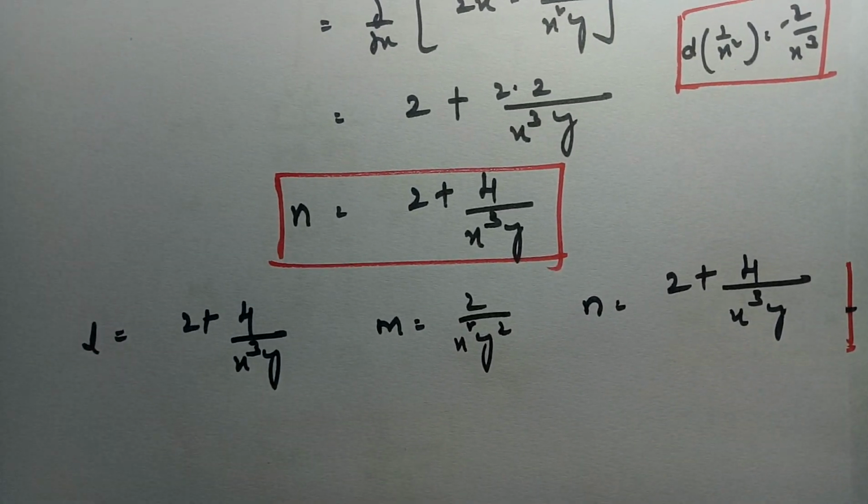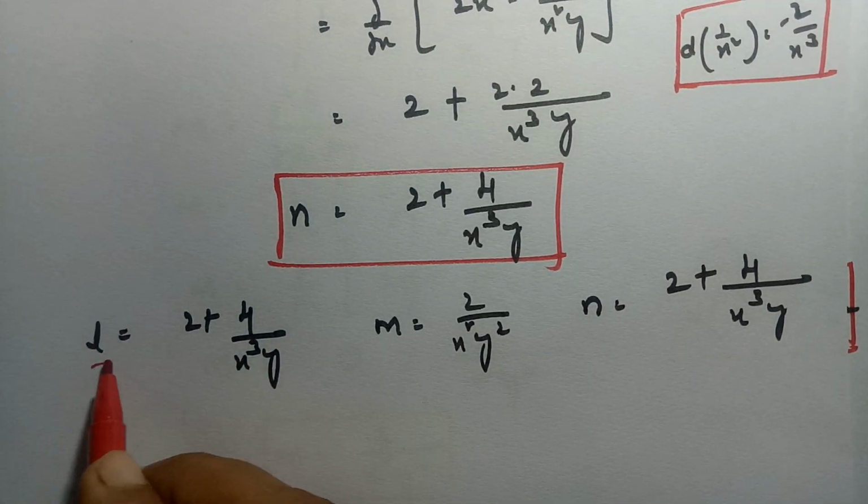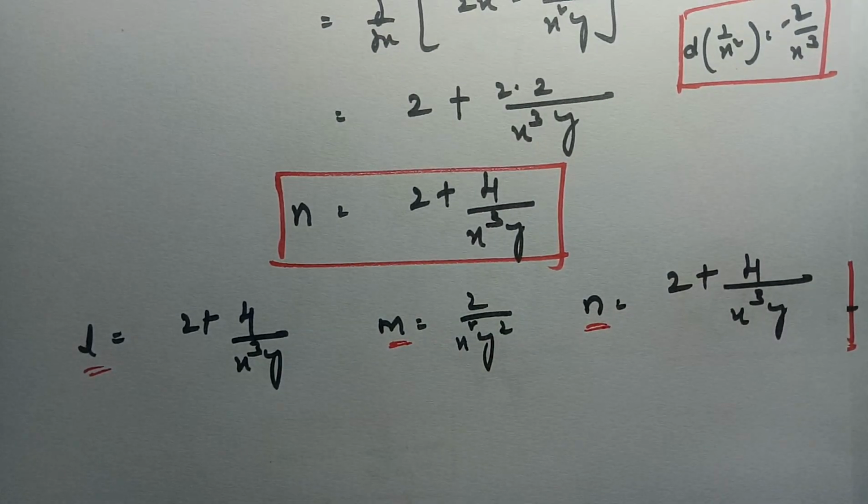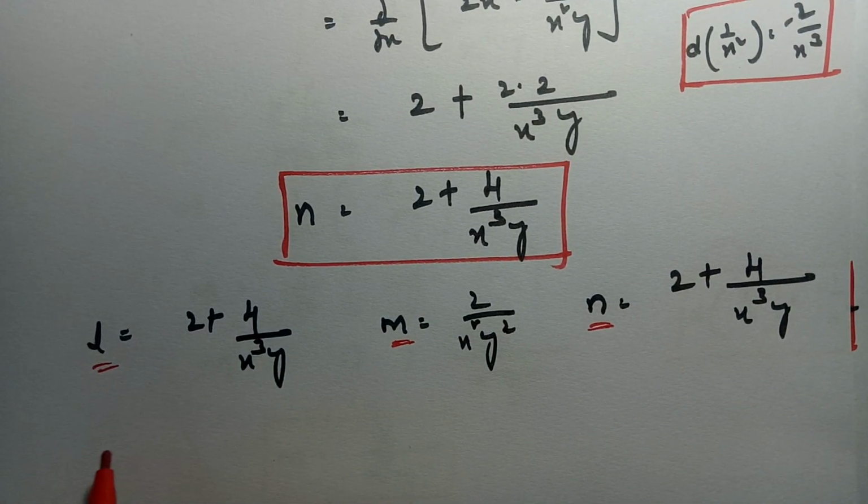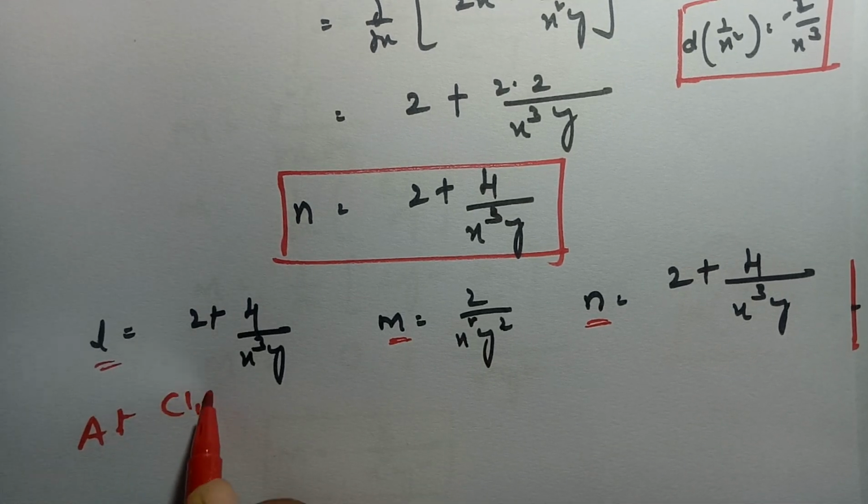So after getting L, M, N values, see here, this is L value, this is M value, and this is N value. So I got a stationary point as 1, 1.